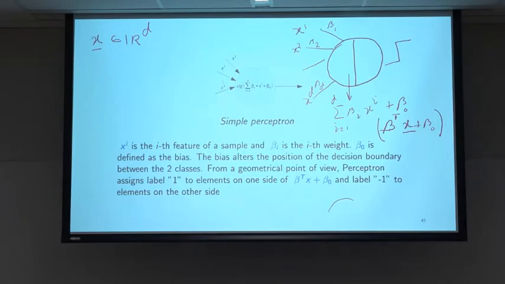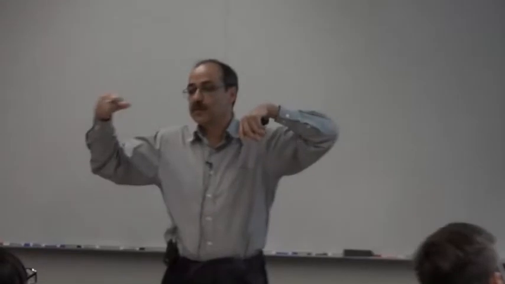And if it's positive, the output would be positive 1. Okay? So the output of the perceptron is either negative 1 or plus 1. And traditionally, it has been used to classify two classes. Suppose that the label of one class is negative 1, the label of the other class is positive 1.